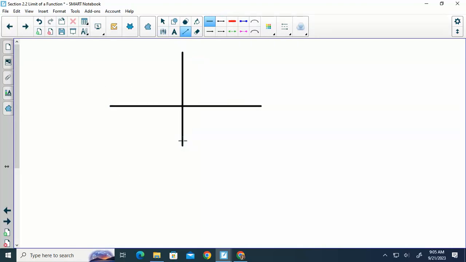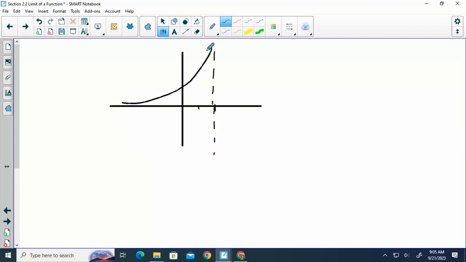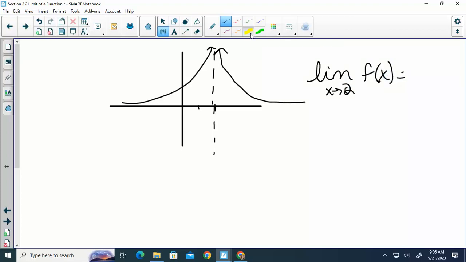So if the graph looked like this. Let's say we had a vertical asymptote at 2, and our graph looks like this. Okay, so if I ask you the limit as x approaches 2, a limit doesn't care what happens at 2.